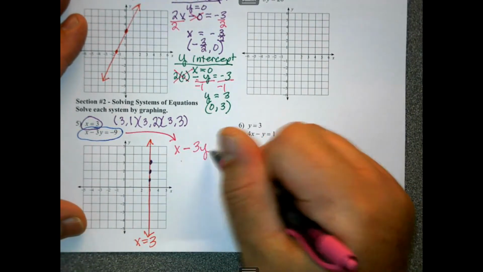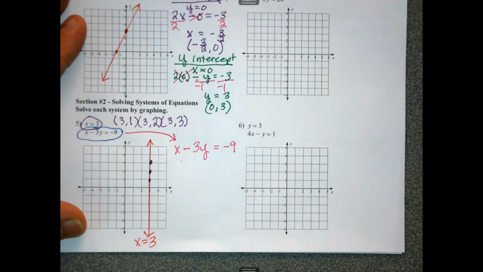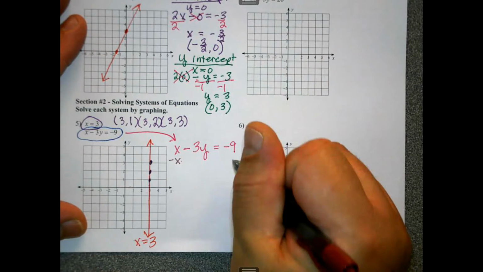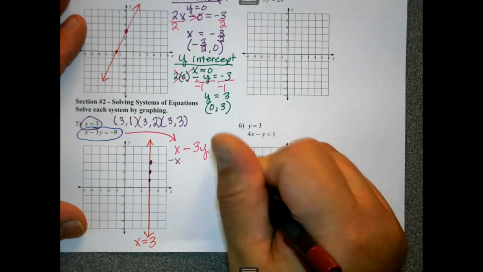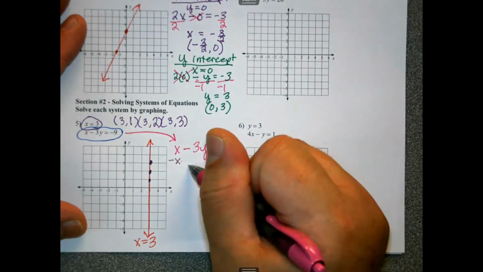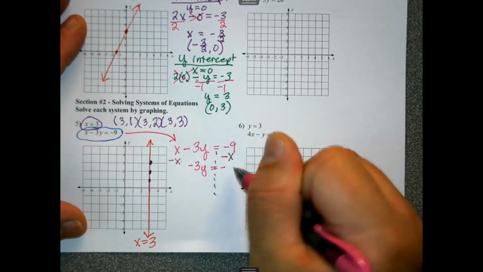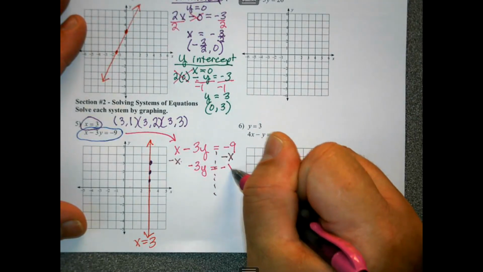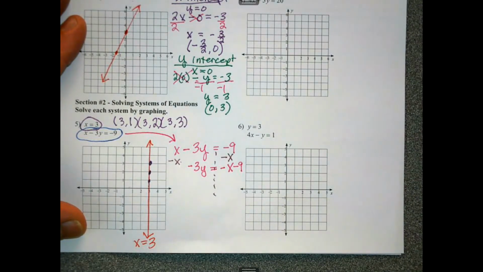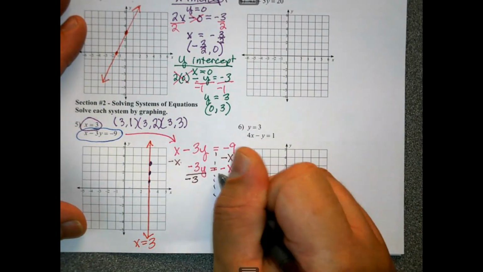X minus 3y equals negative 9. So I'm going to subtract x from both sides. So I get negative 3y equals negative x minus 9. Then I'm going to divide every term by negative 3.